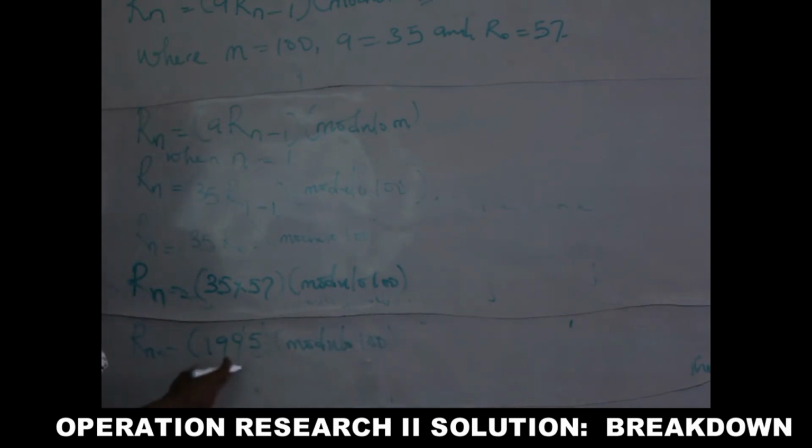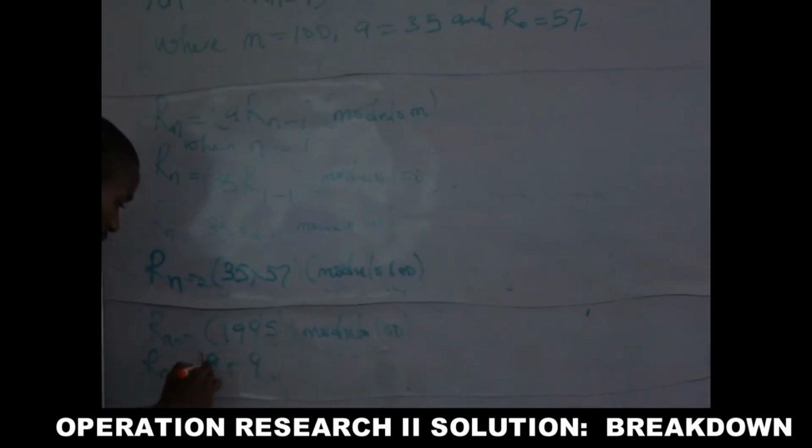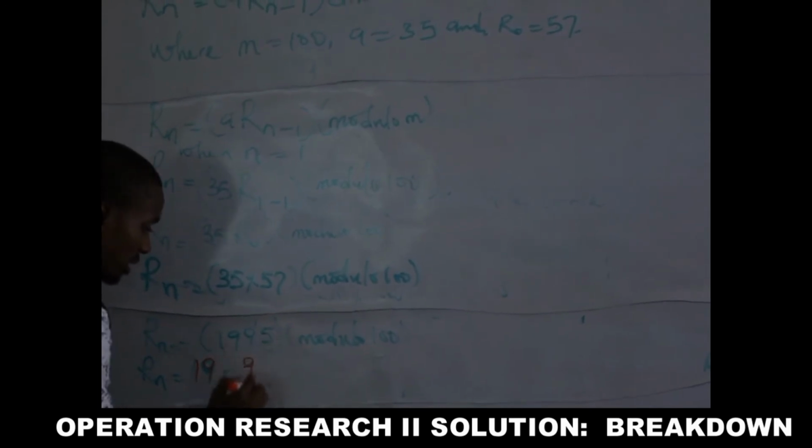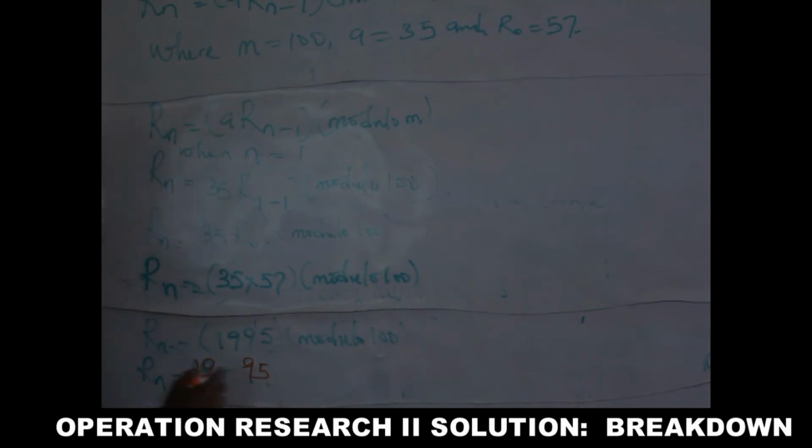By the time you divide, you have to write the remainder. So this will give us 19 remainder 95.